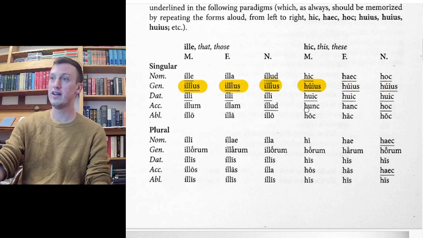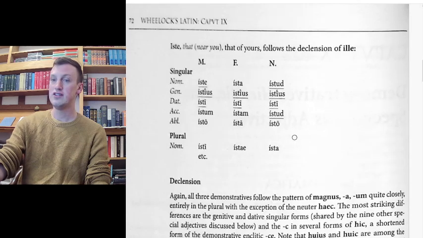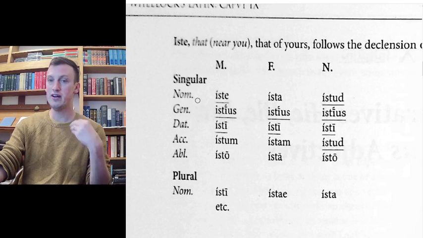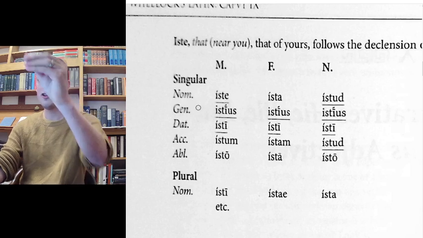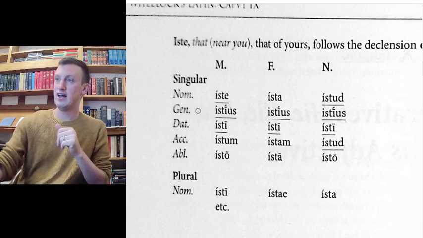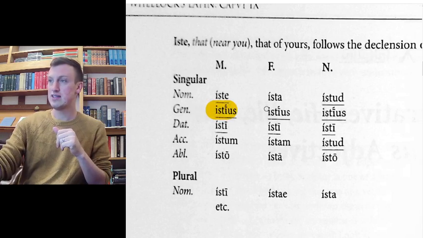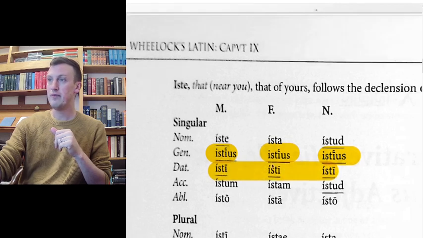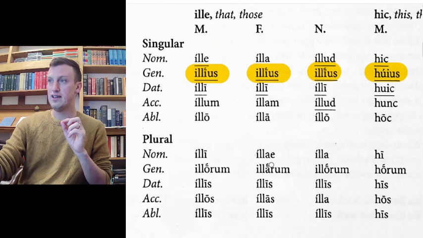And this will work as we move on to our interlocutory, our near to the other person, the second person demonstrative, right? We again have ius, and i. Note that the nominative singular has to be memorized.